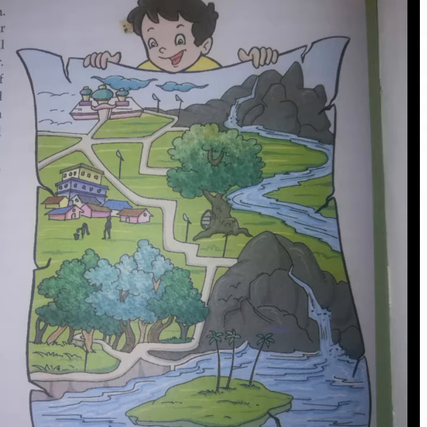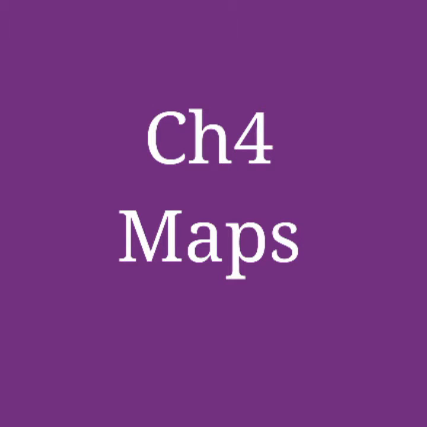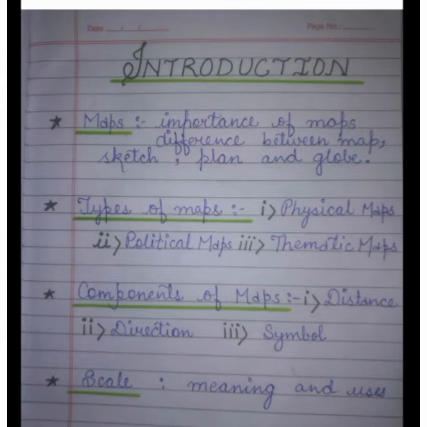Today we will start chapter 4 of geography, that is maps. What are we going to study in this chapter? We are going to study about maps, importance of maps, difference between map, sketch, plan and globe. Then we will study about types of maps, where we will study about physical map, political map and thematical map.